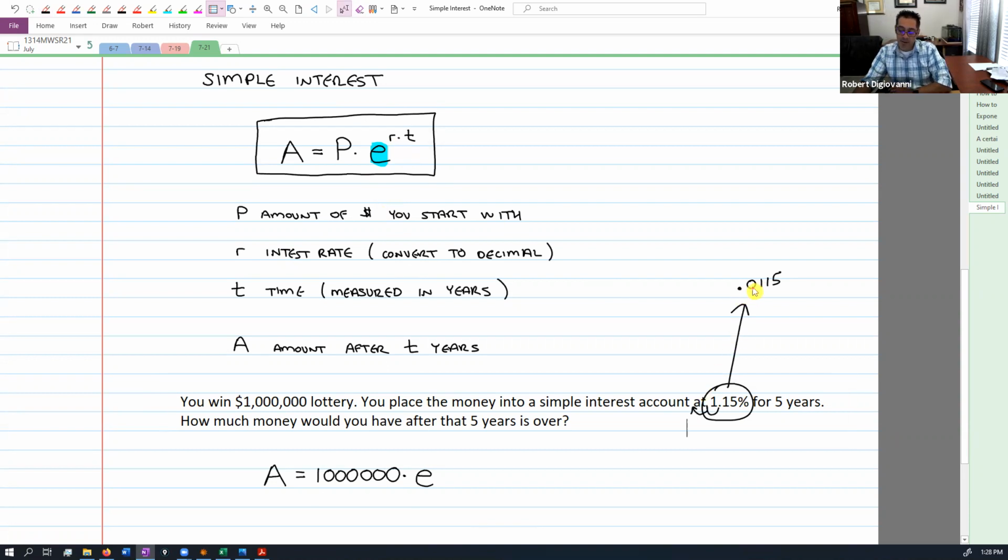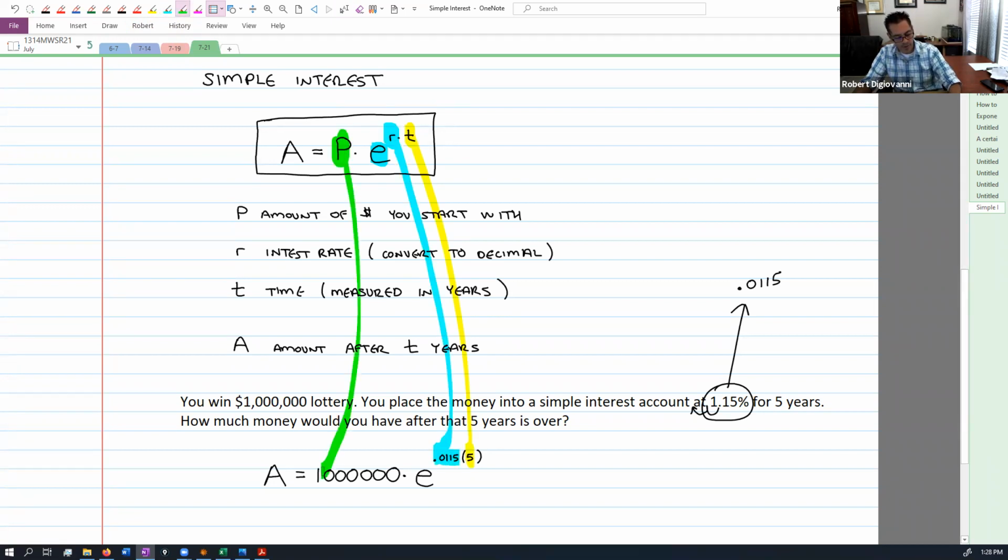So it becomes 0.0115. So I put that here, 0.0115. And I need to multiply that times T, which is the time, 5 years. So we have T is 5, the interest rate, and then we have the principal right there. Everyone understand?